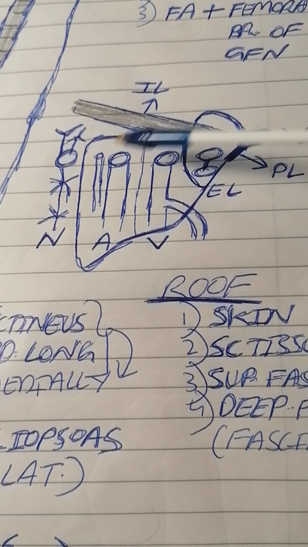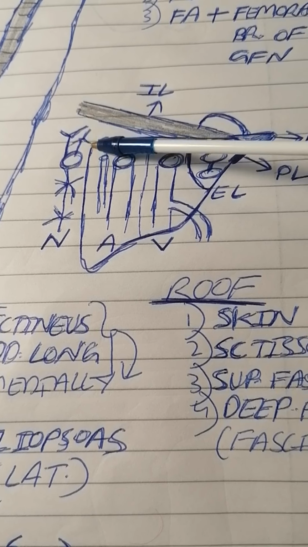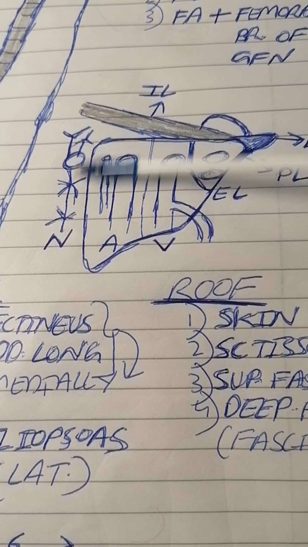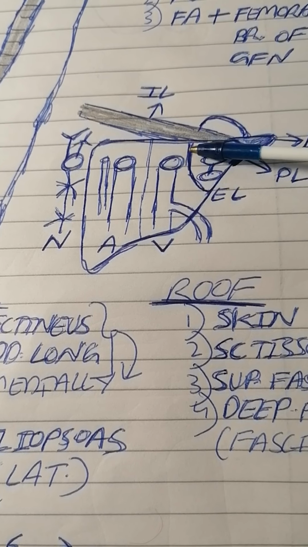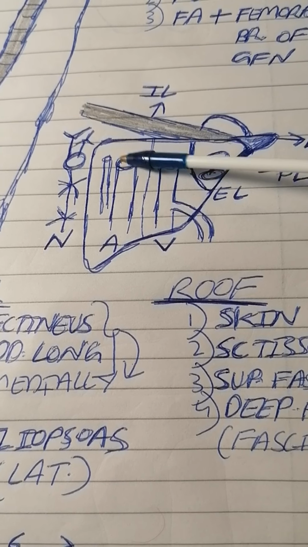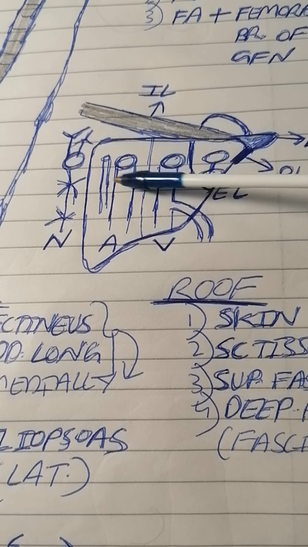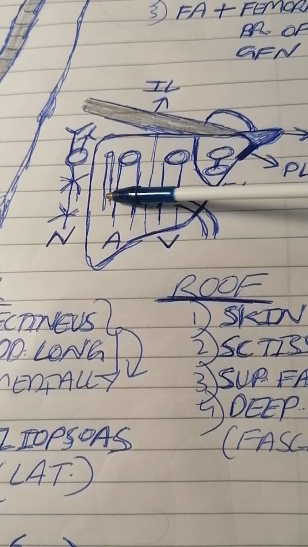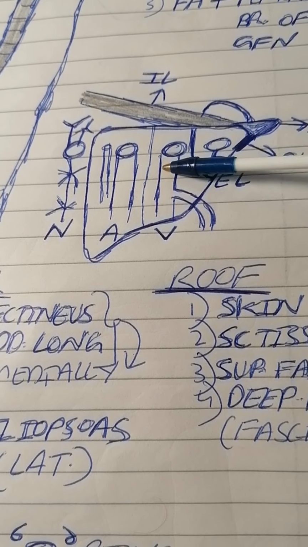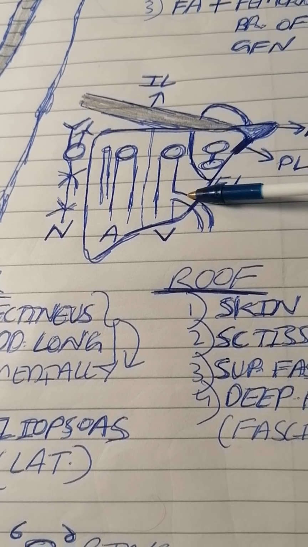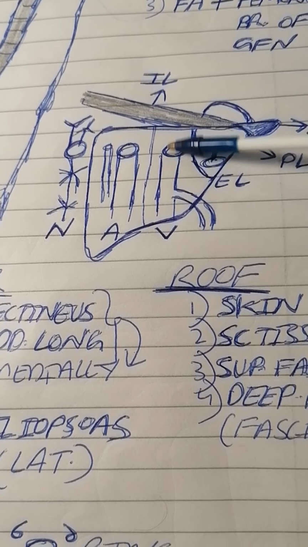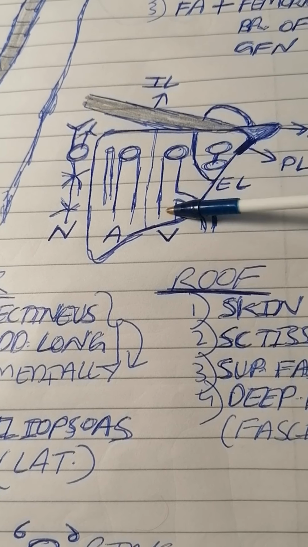The femoral nerve is the one which is outside your femoral sheath. The most lateral compartment of this femoral sheath would have your femoral artery and the femoral branch of your genitofemoral nerve. In the middle compartment, we have the great saphenous vein draining into your femoral vein.